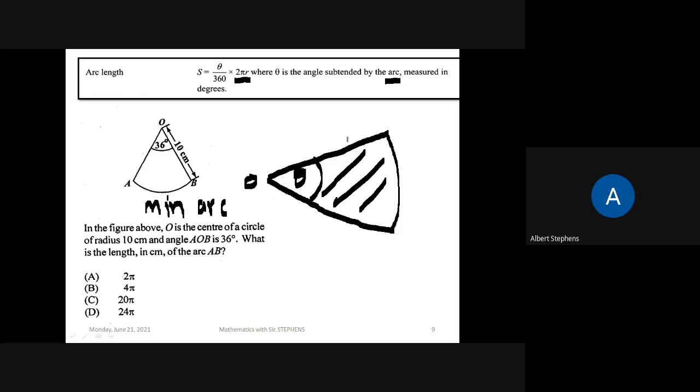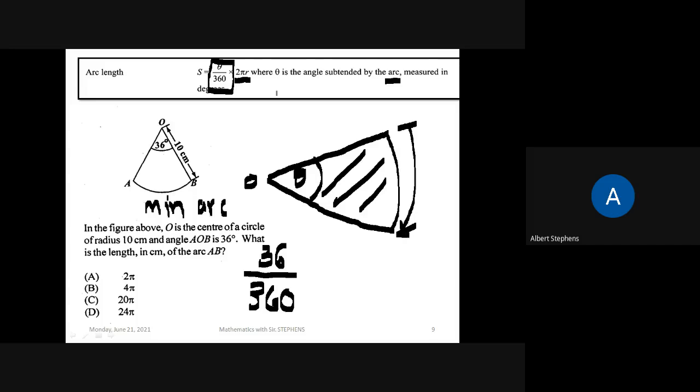No, we have a piece of the circle. The piece of the circle is represented by theta over 360. In this question, theta is 36, so it's 36 divided by 360. What they're asking us to find is the length of that arc.